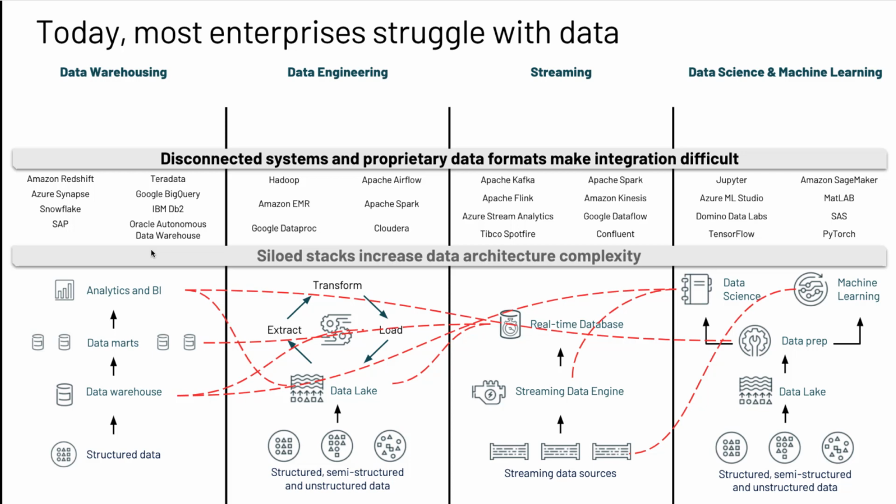Remember that when we're dealing with data, we're usually dealing with one whole use case at a time, right? We're not dealing with a data warehousing problem or a data engineering problem. We're dealing with all of it at once. And so that means that we need to move this data across these systems using these tools that don't really cooperate. And all of this complexity can really slow down development.